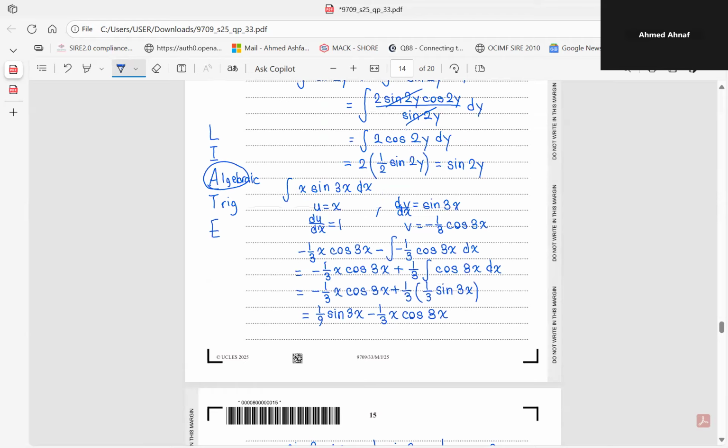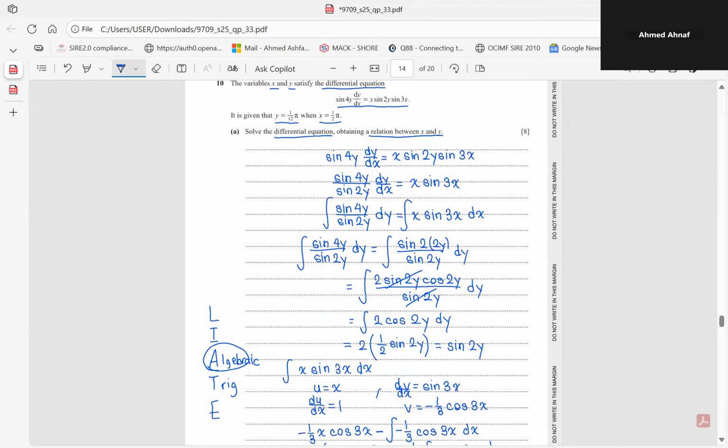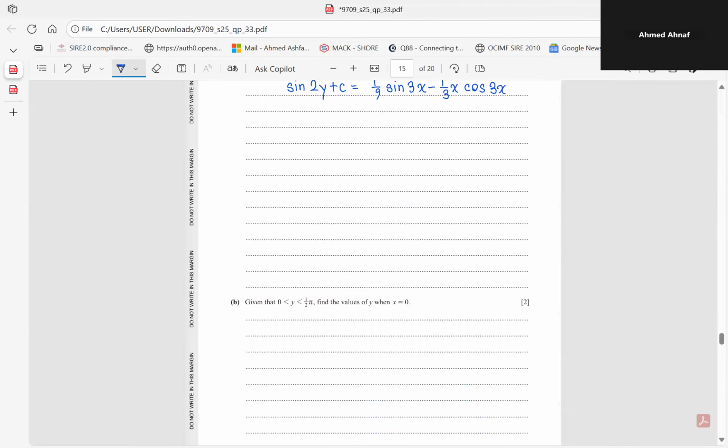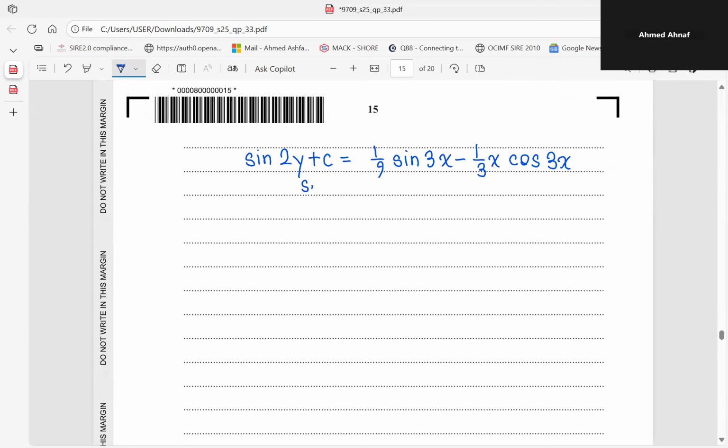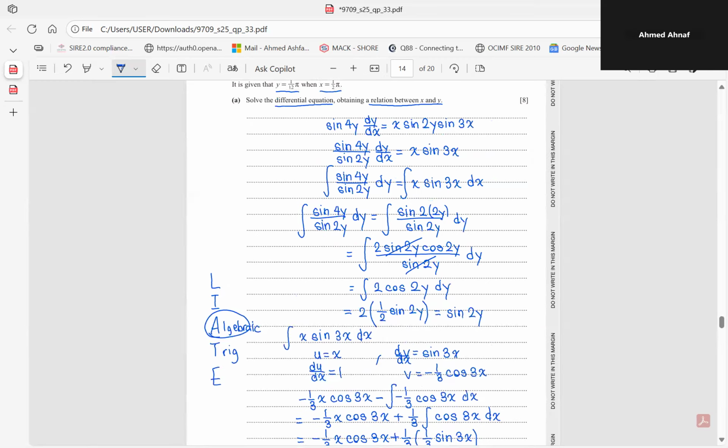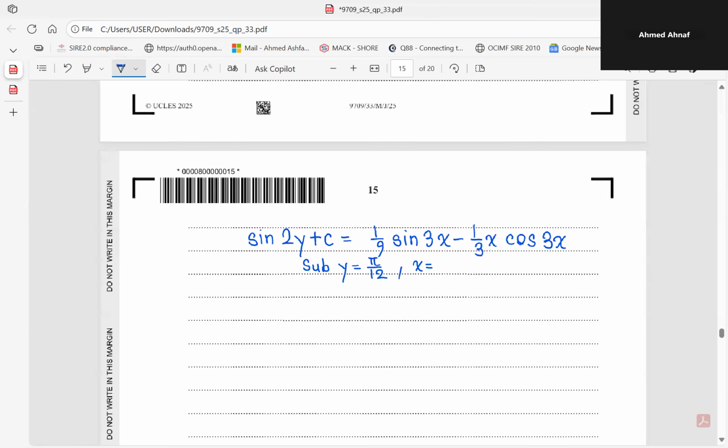Now we can substitute our initial conditions. So we will sub y equals pi over 12 and x equals pi over 2.